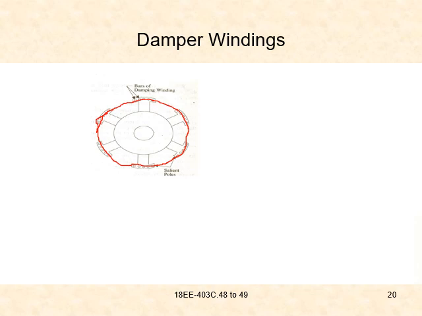So these are the bars of damper winding, which are used to prevent hunting in synchronous motors.